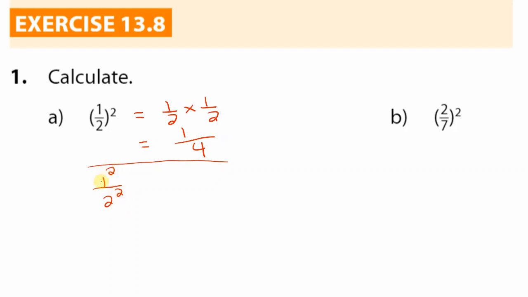So we have, in a sense, the divorce. Here they were together, now they are separate. And then we can say, well, 1 times 1 is simply 1, 2 times 2 is simply 4. So we get to the same result.